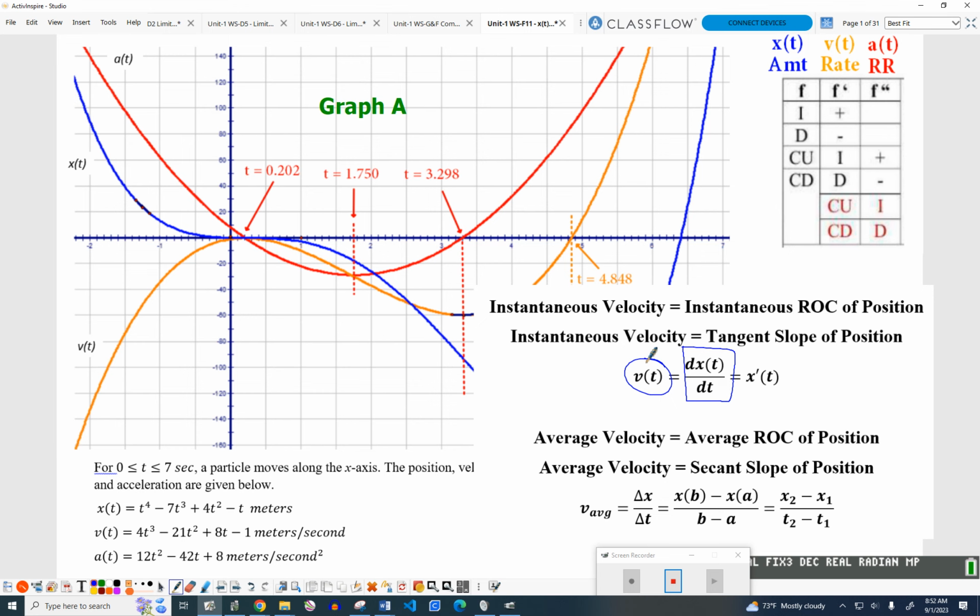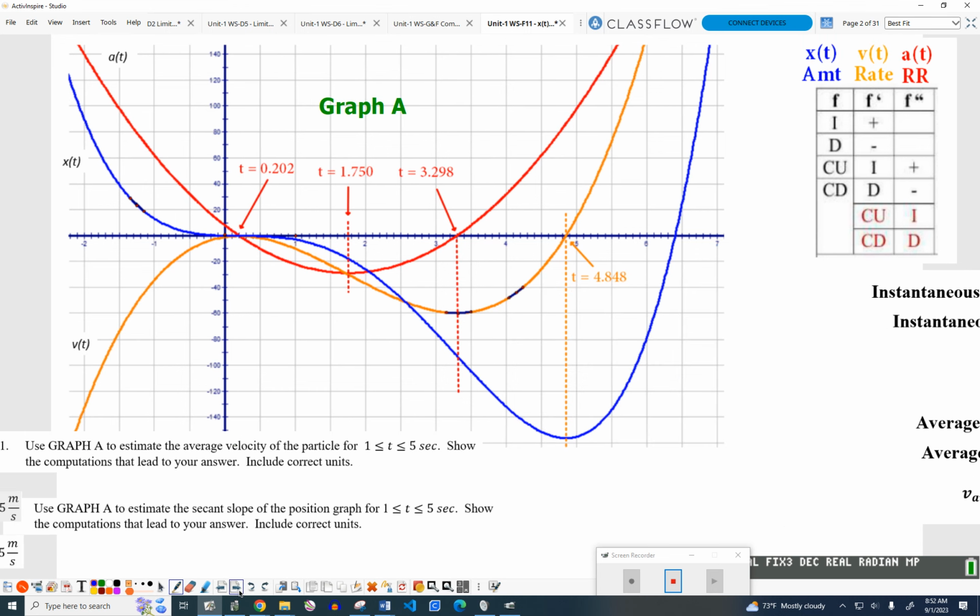Okay, cool. Other questions on finding average velocity or secant slope of position? They're the same thing. Just to think about the graphs, would we ever come across one where we would be measuring the particle's position with a jump discontinuity in its location?